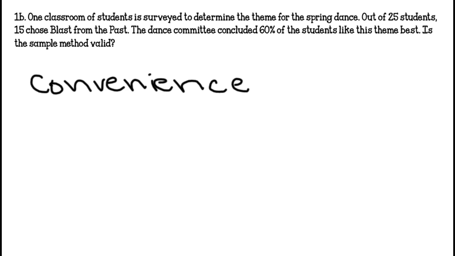They might choose Blast from the Past, where if you went to the math nerds, they might choose a geeking out theme. That is why it is a biased sample, because they did not necessarily take an equal distribution of their students. They just surveyed the history class.